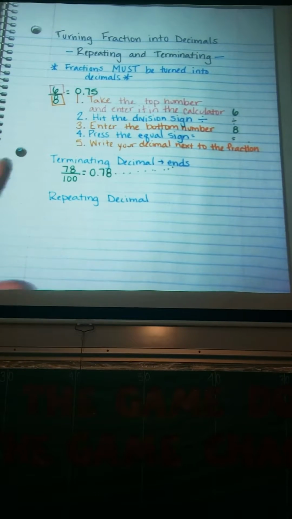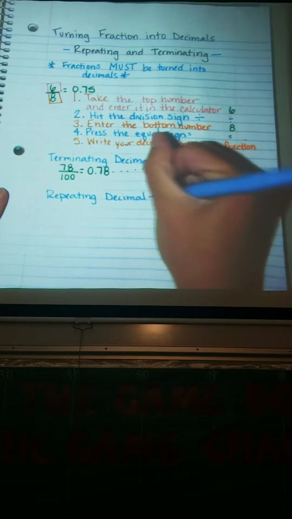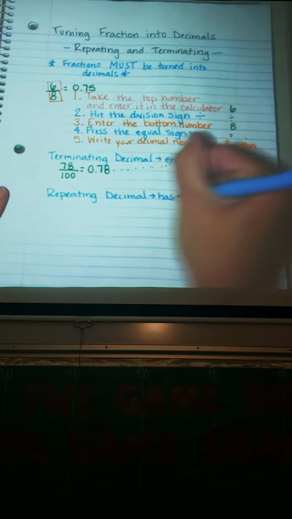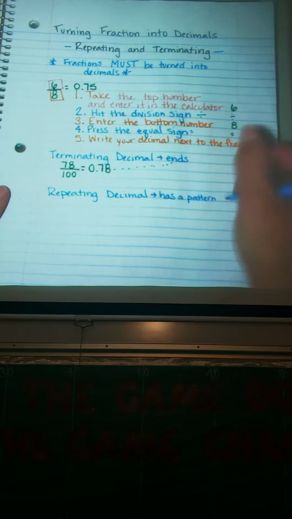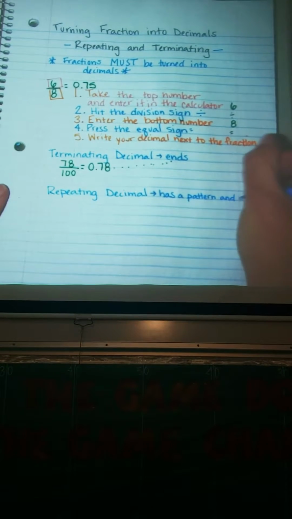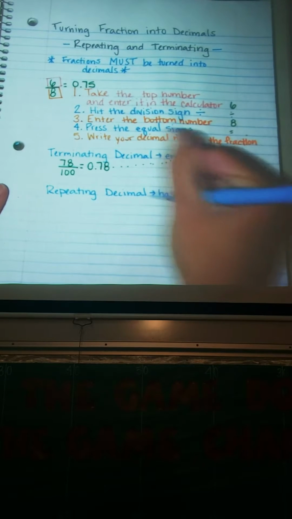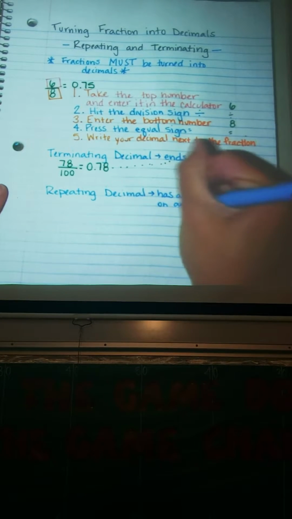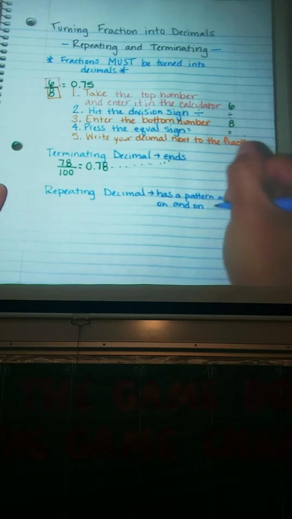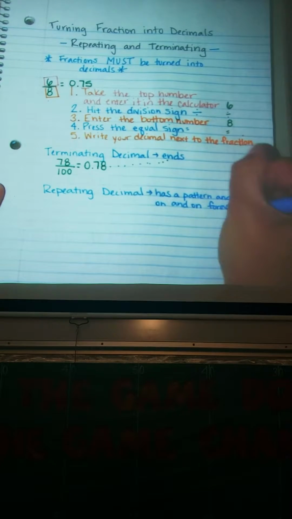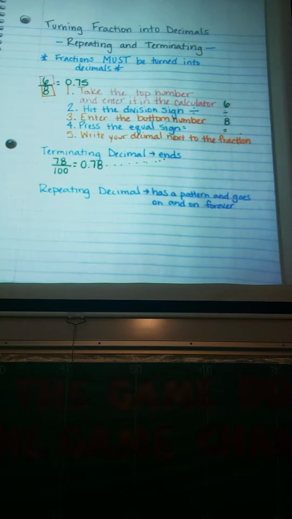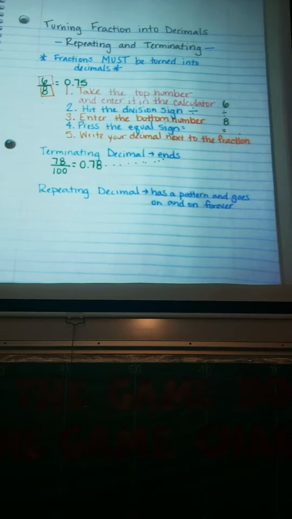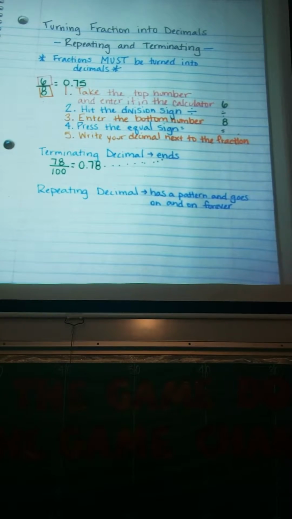Okay? So this one has a pattern and goes on and on forever. Now in your calculator, it'll just stop and round up at the very end, but if your screen is filled with numbers, you'll see what I mean.